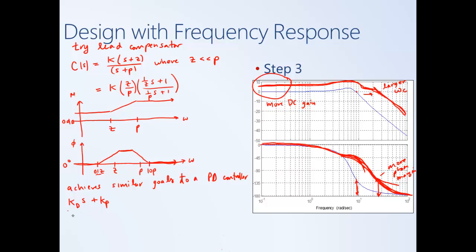And you can also recall that this has the form of a gain and a 0.